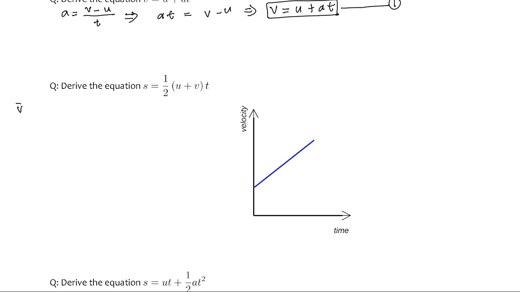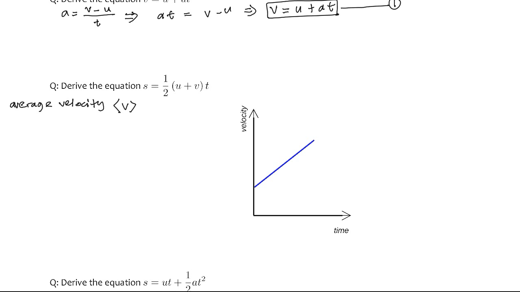I'll write it down. So average velocity, I will give average velocity a symbol like this.